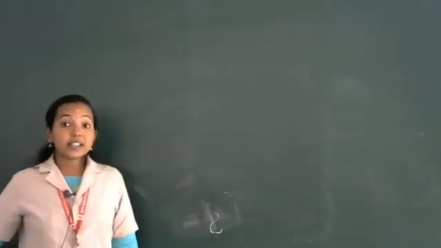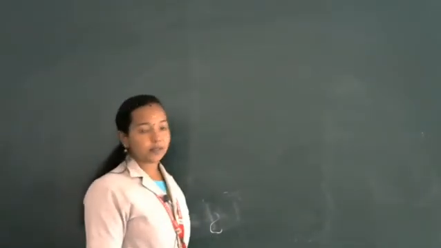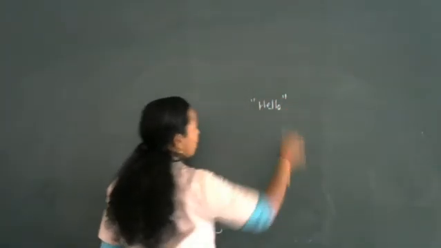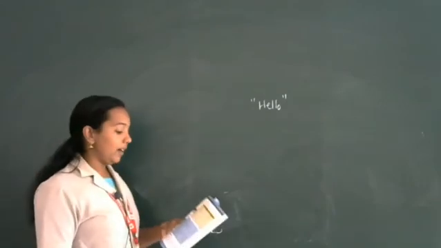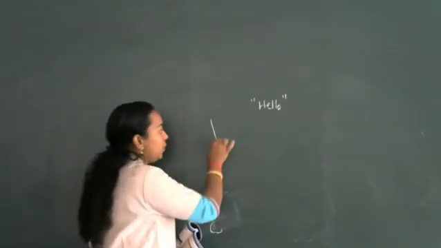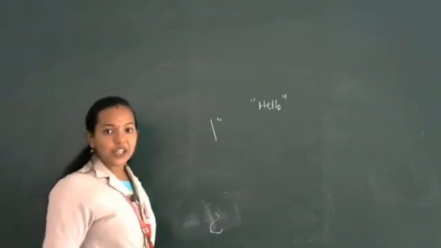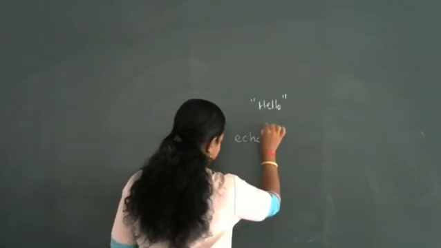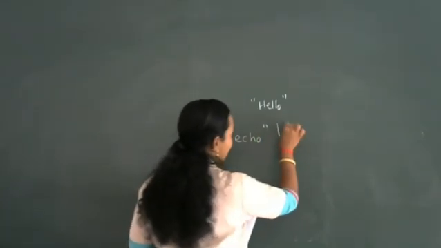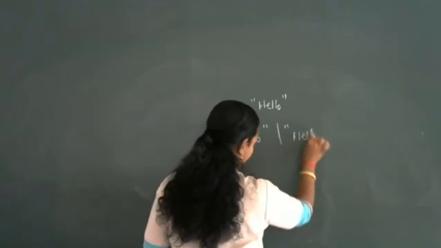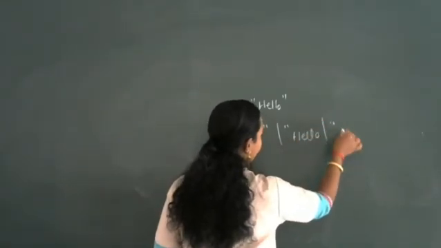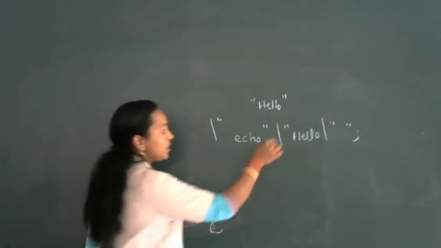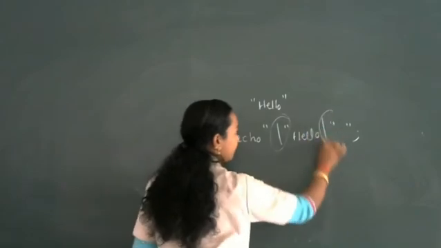Then the next section was escape sequences. Suppose I want to display hello in double quotes itself. Then I can use an escape sequence like backslash double quote. How will we write it? echo, double quote, backslash double quote, hello, close again with backslash double quote. This is an escape sequence.